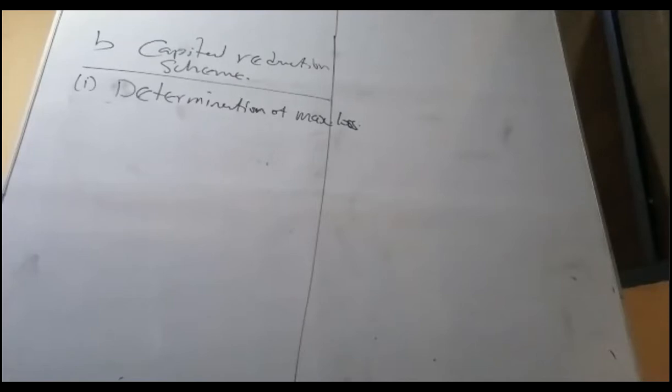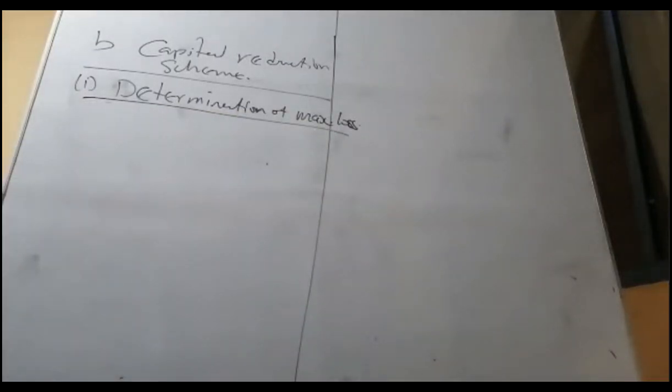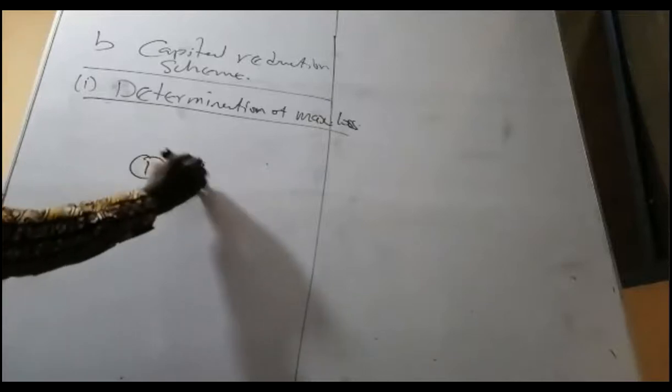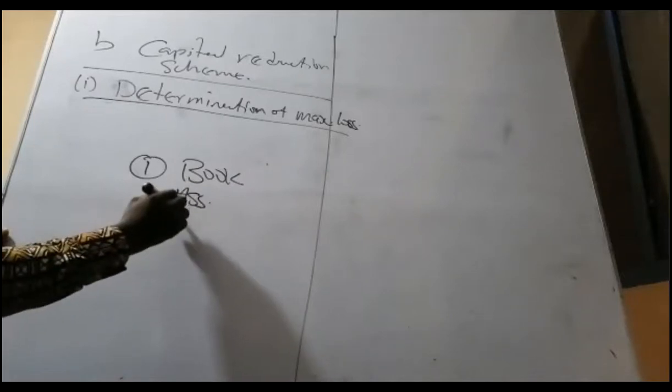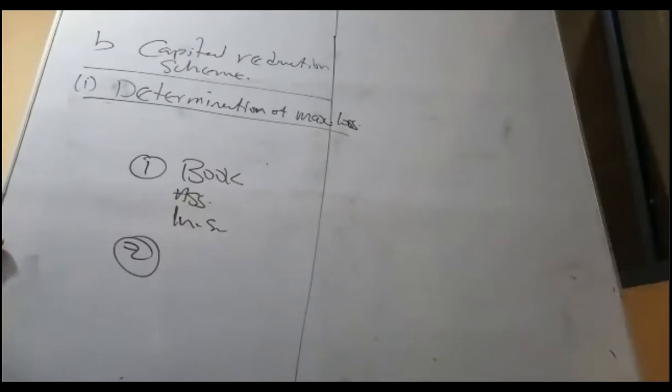Maximum loss. How do you get a maximum loss? Let's keep it simple. So let's go to the format. Now we said that here the losses are two. The one captured in the books, which is made up of assets and the capital, the retained earnings, so the income surplus. Then two, losses that are not in the balance sheet. So basically, that's what we are going to talk about.